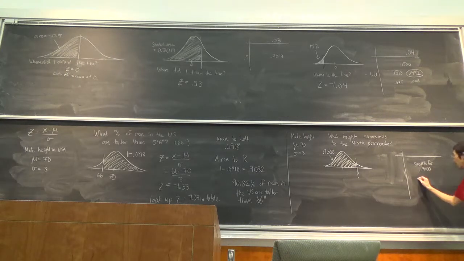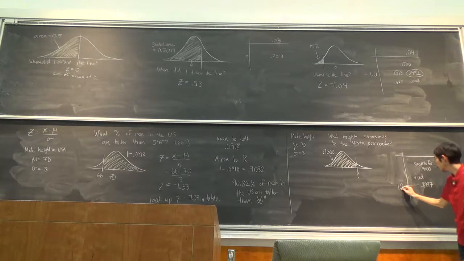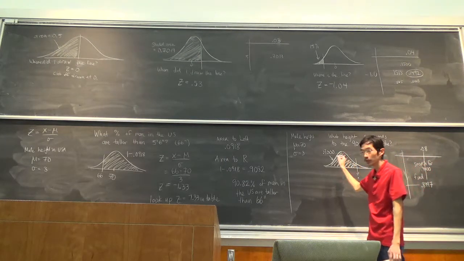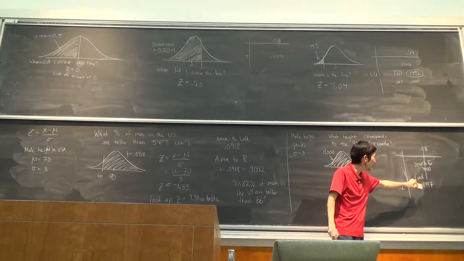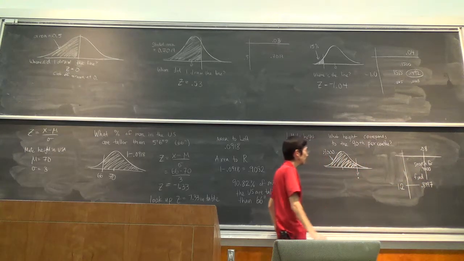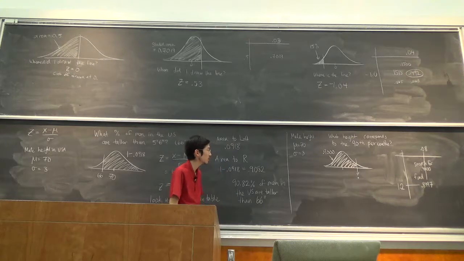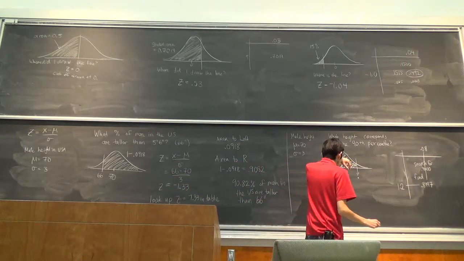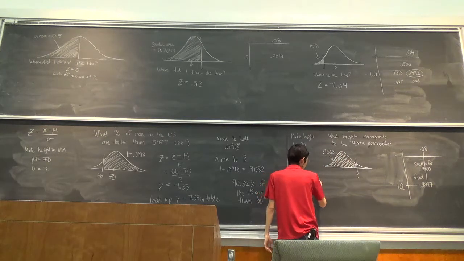The number you will find is 0.8997, in the row 1.2 and the column 0.08. That's the closest you're going to get to 90%, and that means you get a z equal to 1.28.